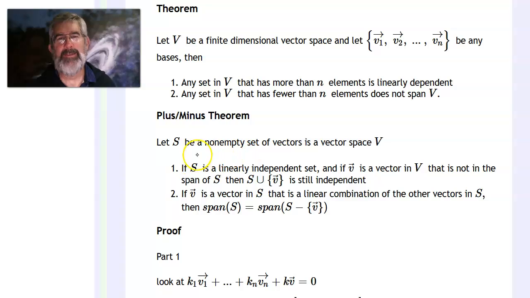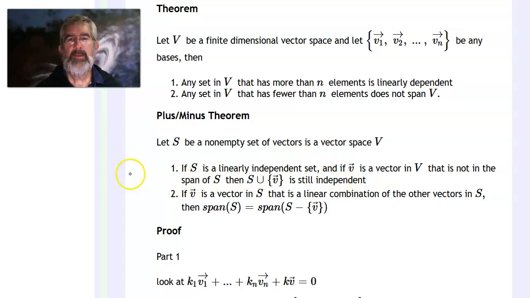And here's the plus minus theorem. Let S be any non-empty set of vectors in a vector space V. If S is linearly independent, and if v is a vector in V that is not in the span of S, then we can create a new set, S union v, and that will still be independent.